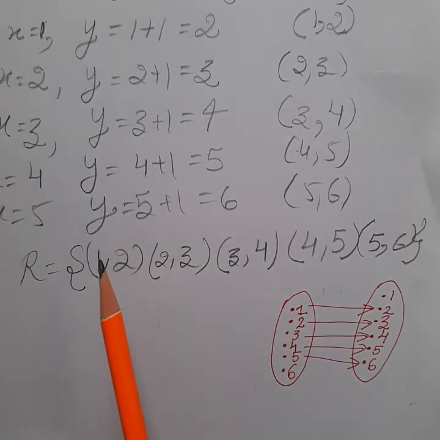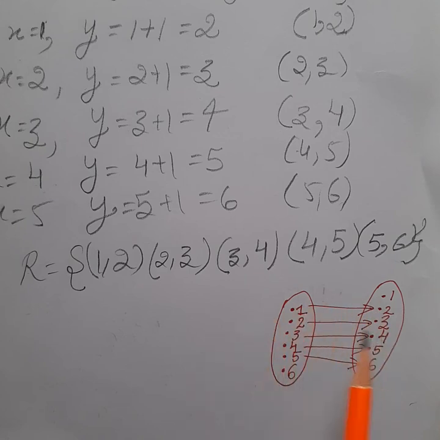You have the relation of 1 to 2, so you can draw an arrow from 1 to 2, then 2 to 3, 3 to 4, 4 to 5, and 5 to 6. So this is our arrow representation.